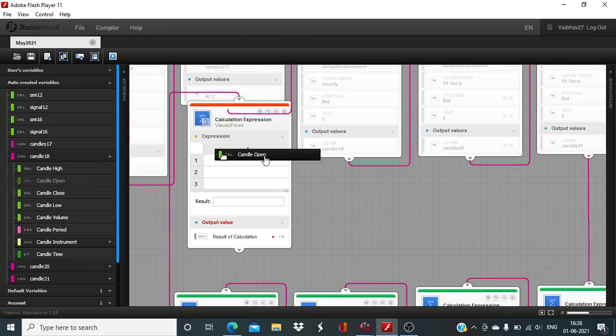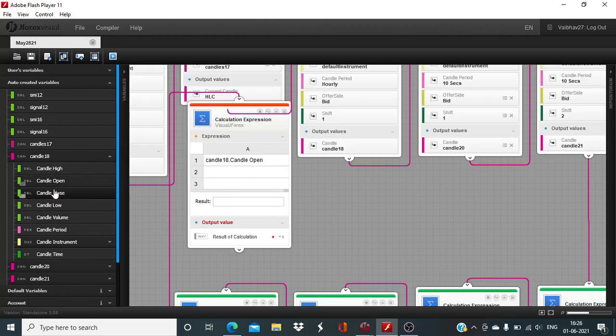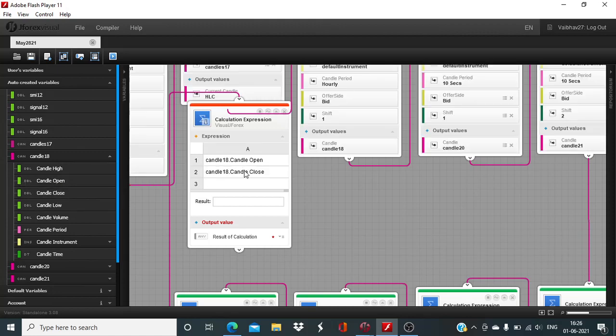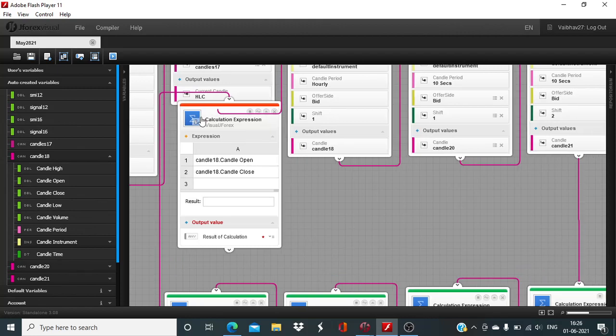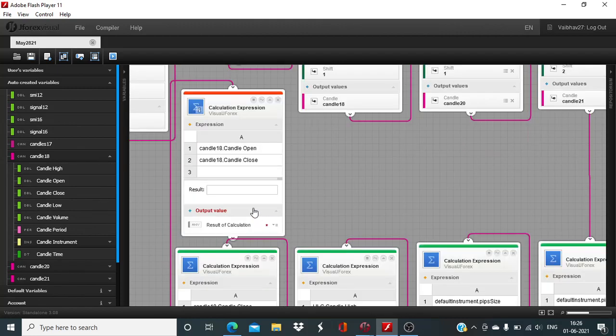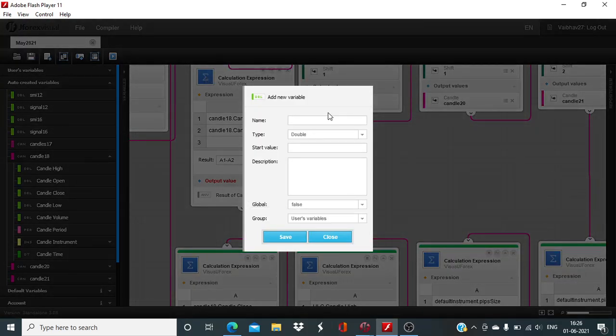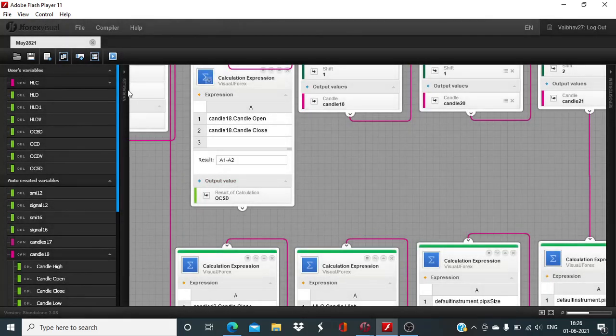We have to deduct the closing price from the opening price. It is going to be A1 minus A2, and this will be okay.